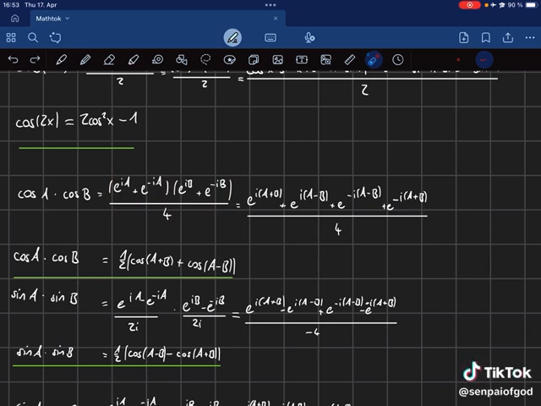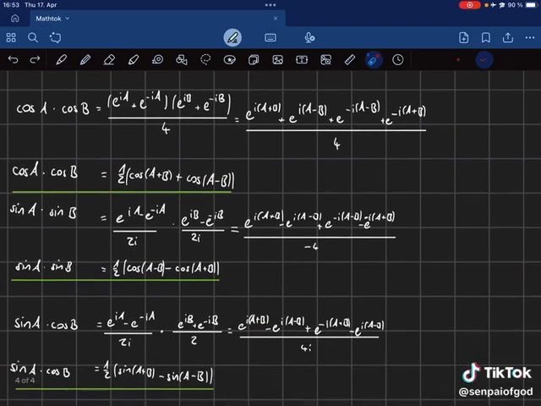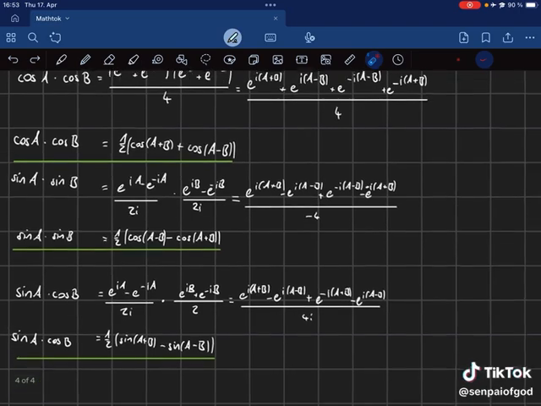And we expand the brackets to all of this, and we substitute the values for cosine and get that cosine of a times cosine of b equals 1/2 times cosine of a plus b plus cosine of a minus b.